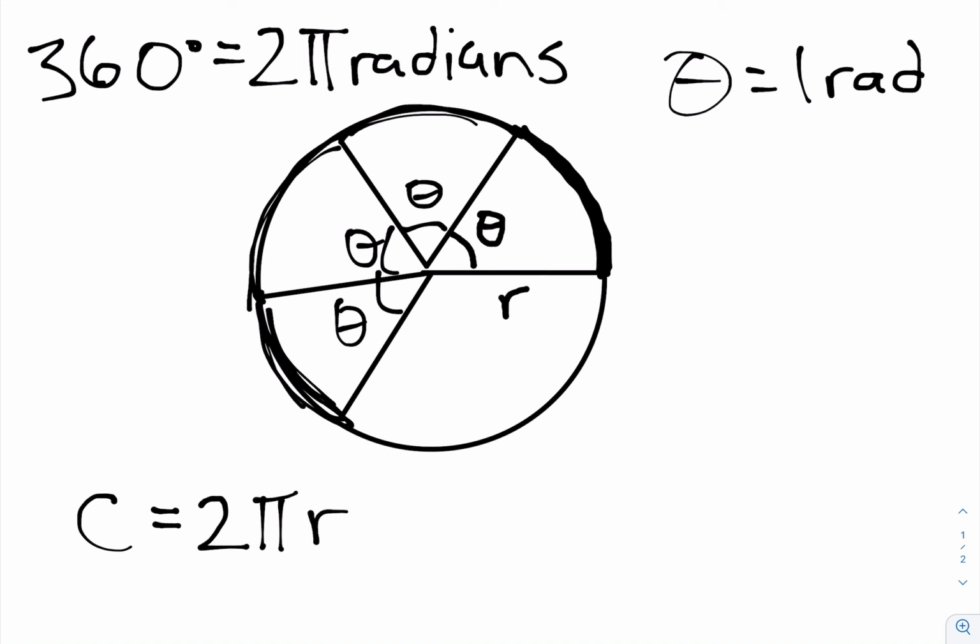So the circumference of a circle is 2 pi r, and that fits nicely because if we have 2 pi, so 6.28, which is impossible to do exactly, but about 6.28 of these angle thetas, that's going to give us the total circumference of the circle. So basically 1 radian is just the angle that produces a subtended arc length of 1 radius.